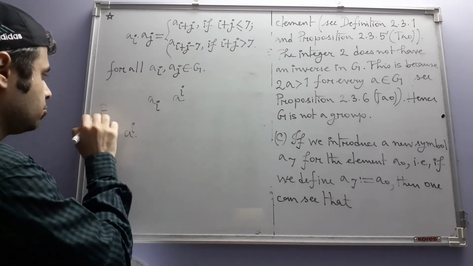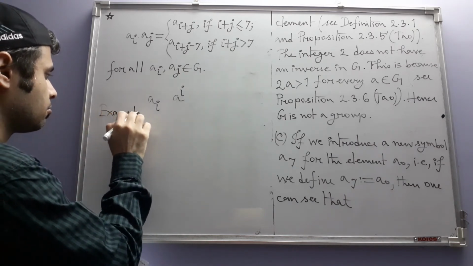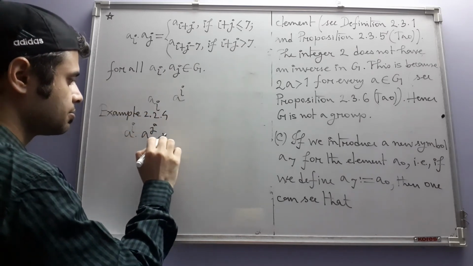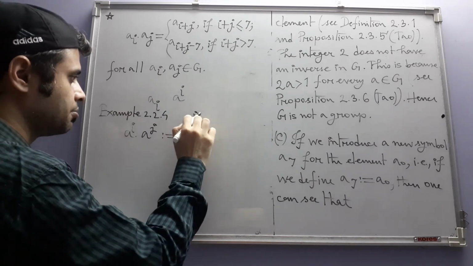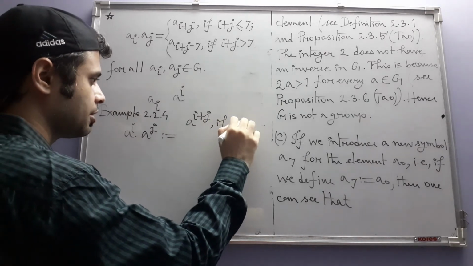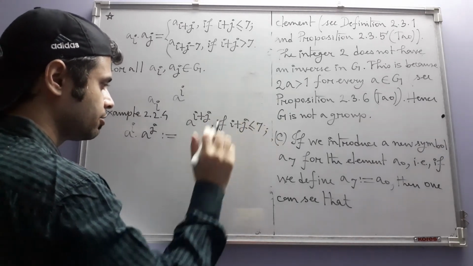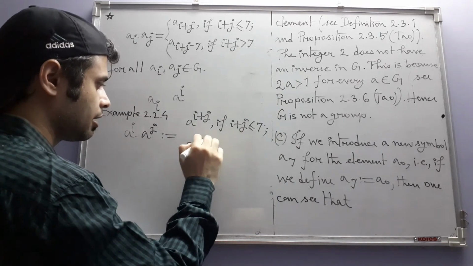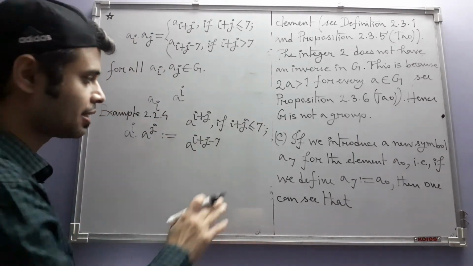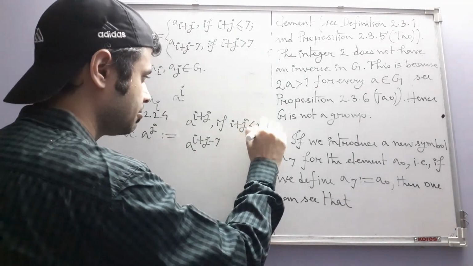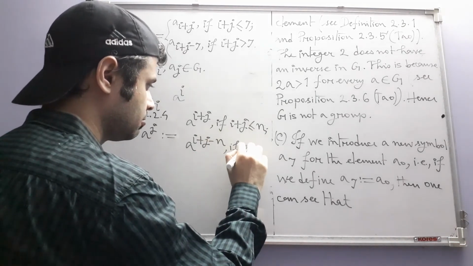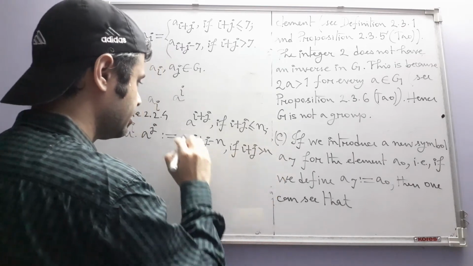In example 2.4, we had the operation defined for us like this: a to the power i plus j if i plus j is less than or equal to 7, and a to the power i plus j minus 7, actually we did not have just 7 there, we had n, if i plus j is greater than n.